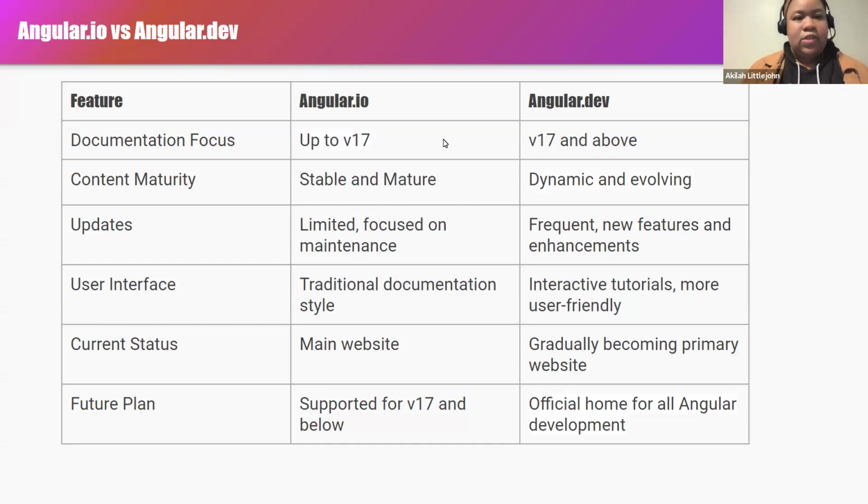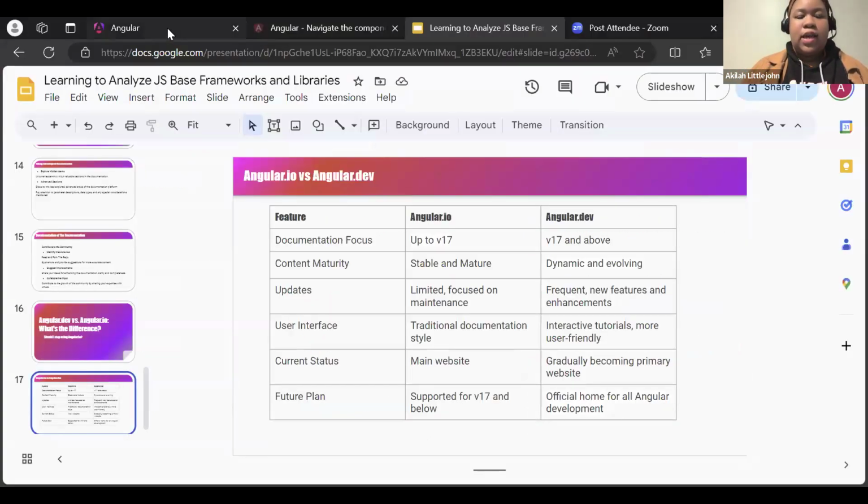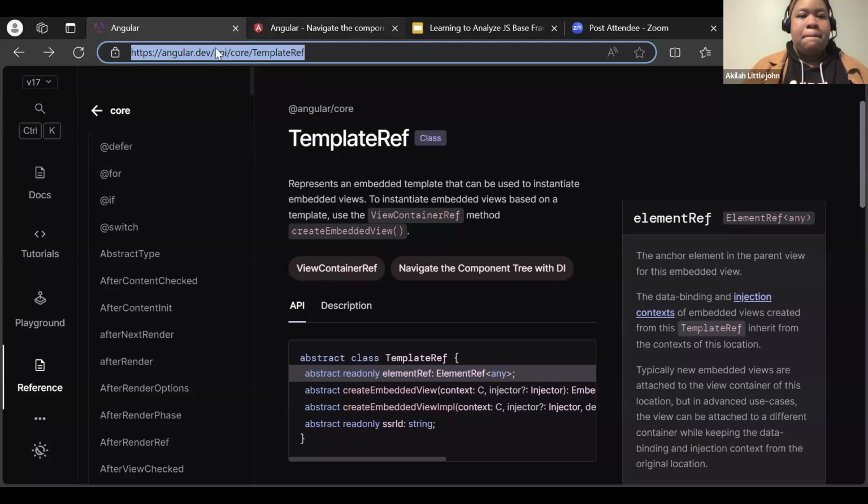Okay. So that's enough of the slides. Let's actually look at Angular. One of the reasons I say you should still be using Angular.io over Angular.dev is this: as you can see here, I'm trying to read how to make dynamic components.